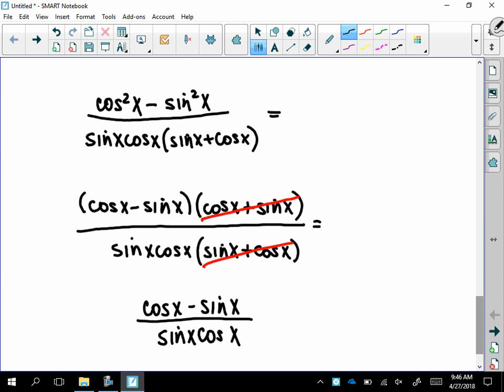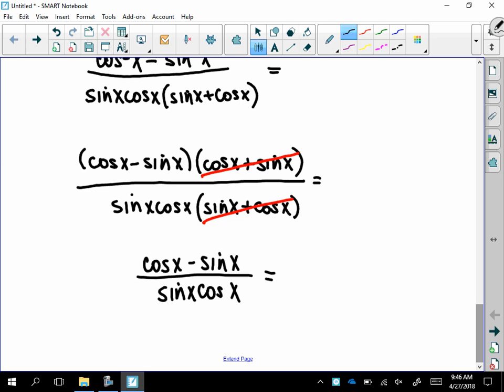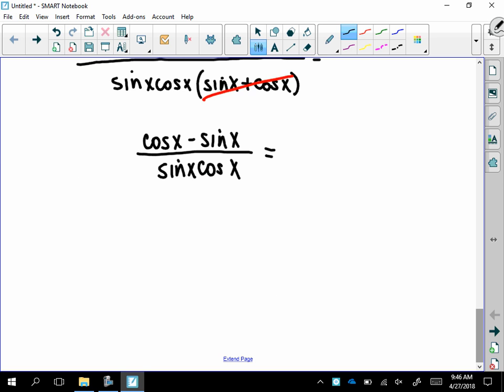I really don't know of anything else that we can do. You could separate the fraction, that's true, and then you get cosecant minus. Yeah, Allie's right. A good trick at this point is we could take each term in the numerator and put it over the entire denominator.